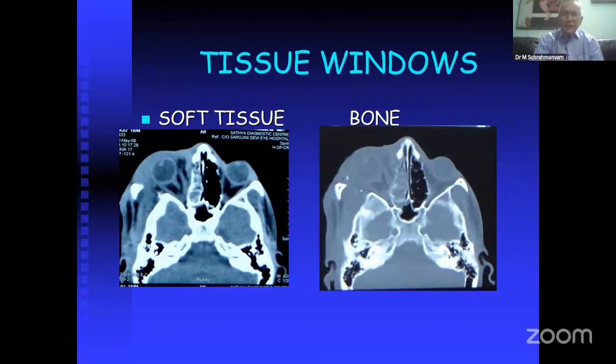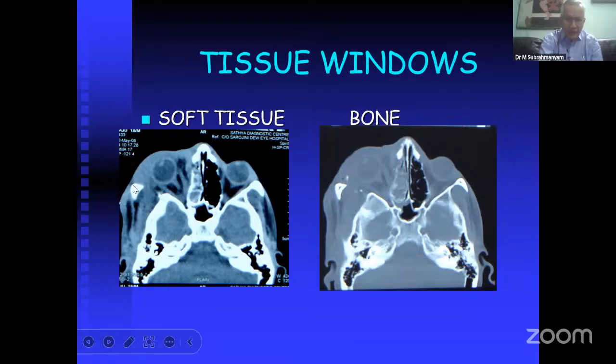CT images come in two windows, soft tissue windows and bone windows. In soft tissue windows, the bone is seen as a very wide structure without any details, whereas the soft tissue details are seen very clearly, as you can see the eyeball, the nerve, the muscles, the sinus, the infection in the sinus, optic nerve, lens, everything, and a swelling of the eyelids.